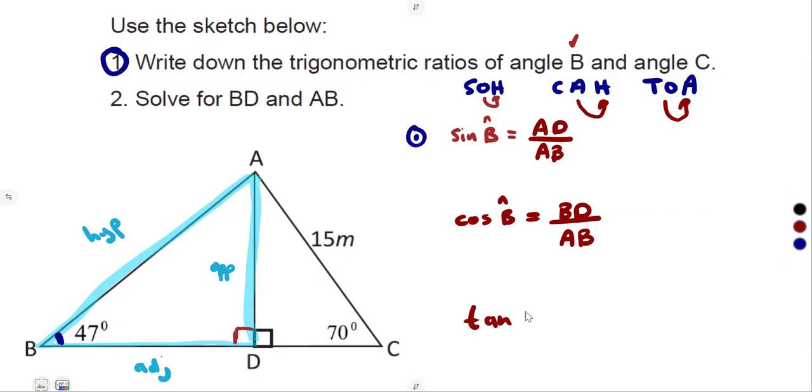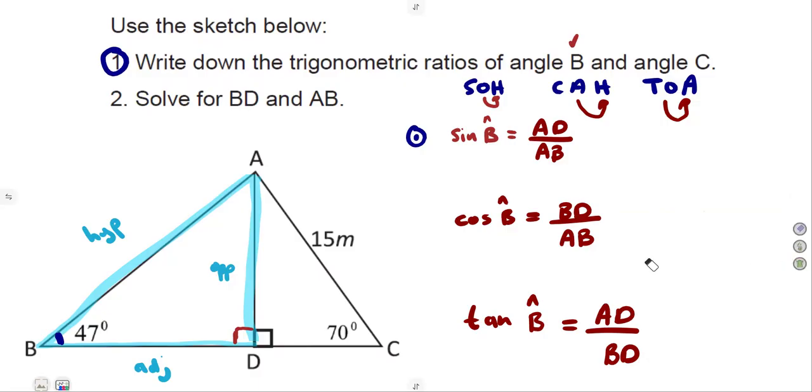So the tan of angle B is opposite over the adjacent. Our opposite, that's our AD, over the adjacent, which is BD. So according to this information, they wanted you to answer your question in that manner.